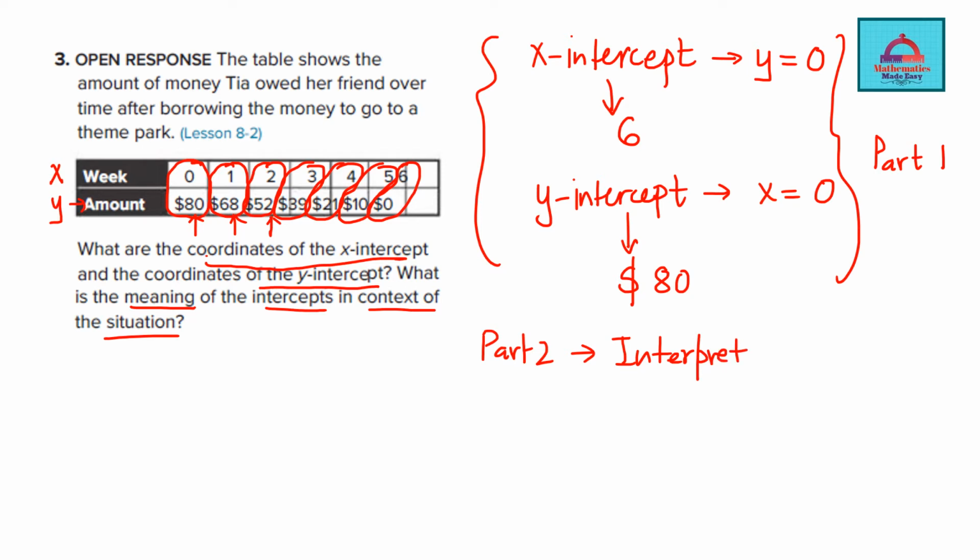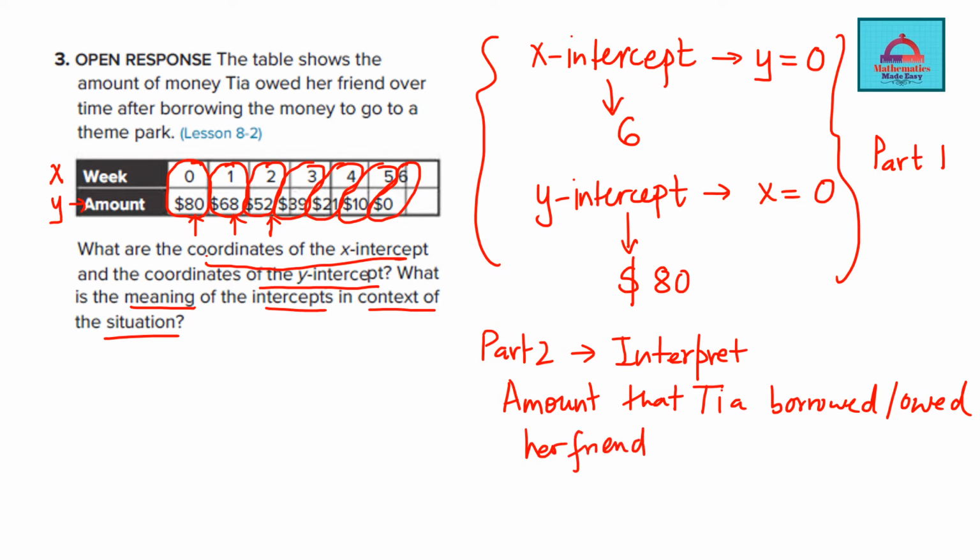So what does it say? If y is 0, it means the amount is 0. So the amount that she has borrowed. So I will write here, amount. Amount means the money that Tia borrowed or owed her friend.